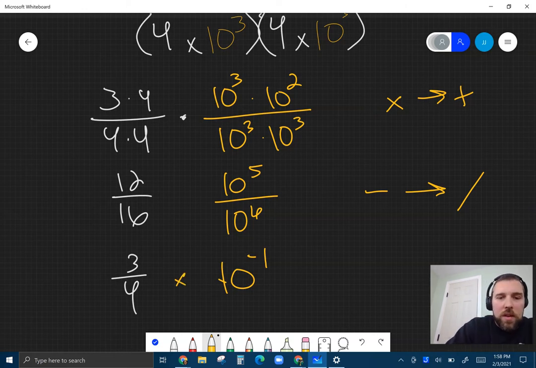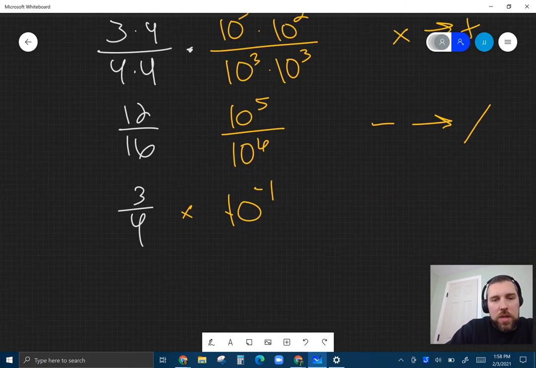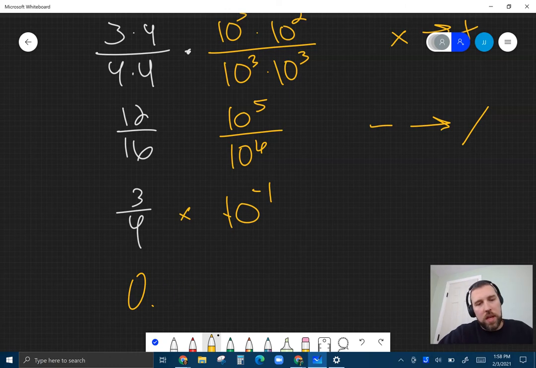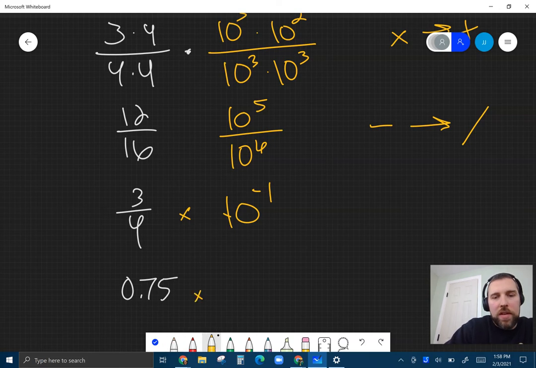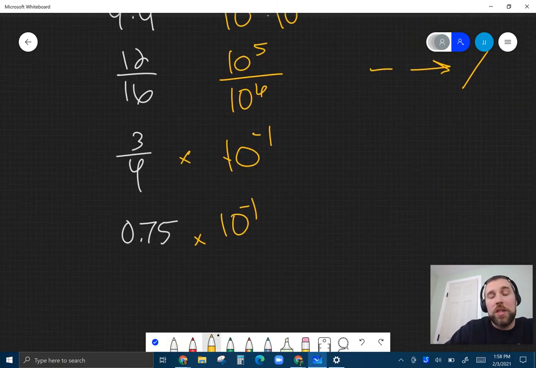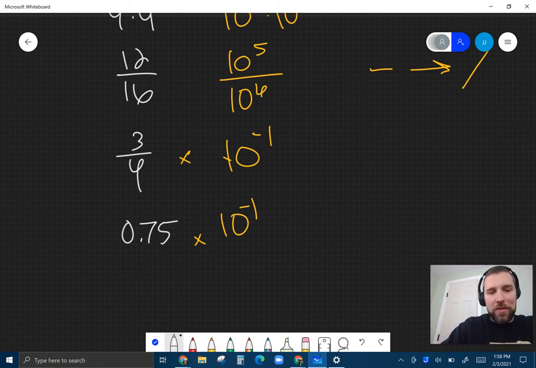So be it. Now this comes out to 0.75. Oh, no. Stay color coordinated. If you start with something, stick it out. 0.75 times 10 to the -1. And if you want proper scientific notation, I should get one digit out in front here.